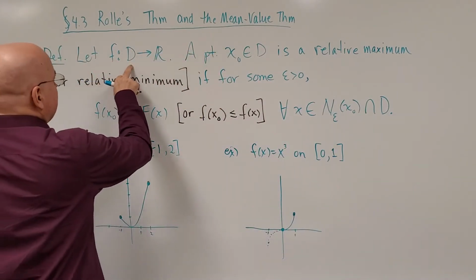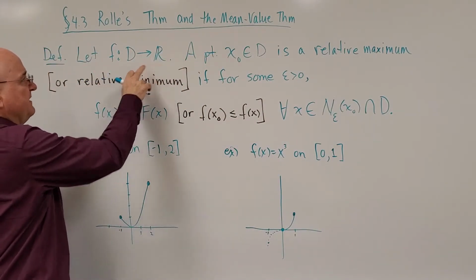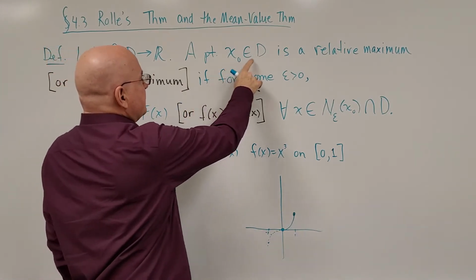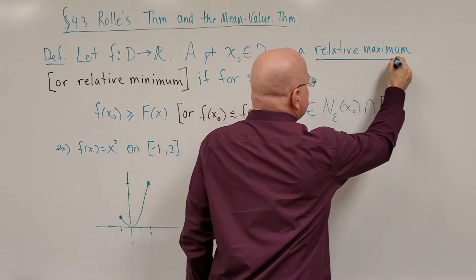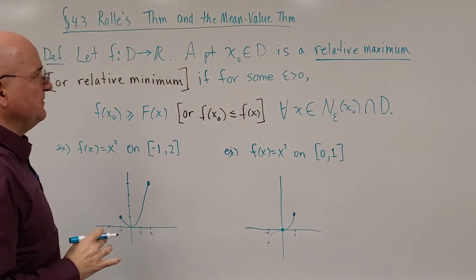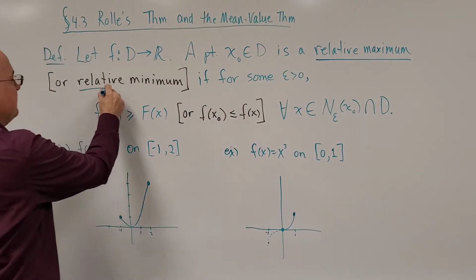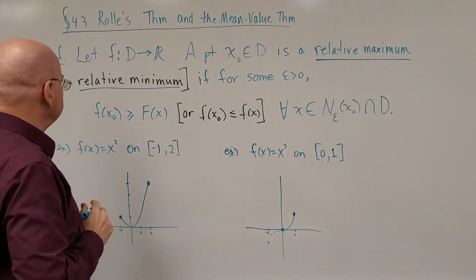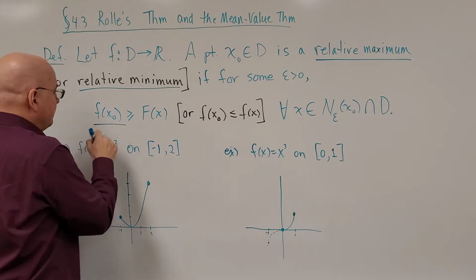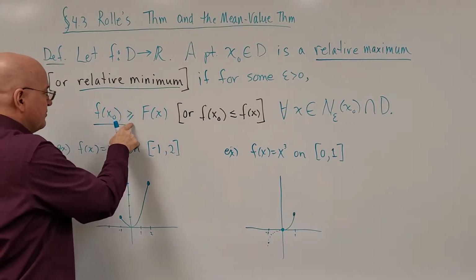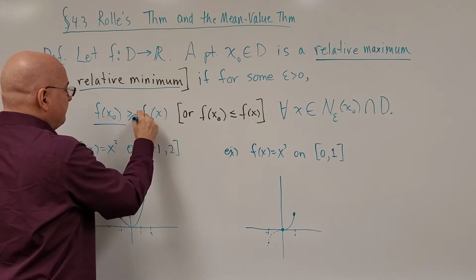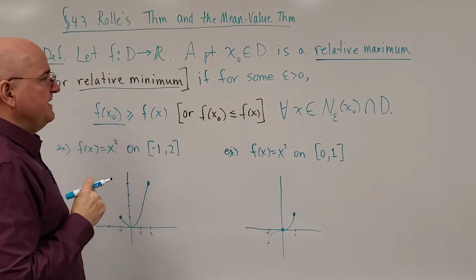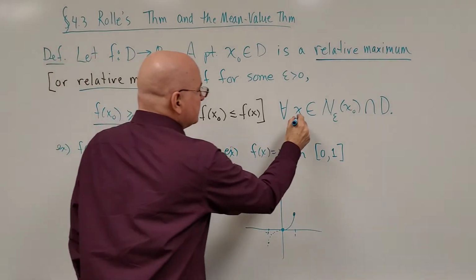So let's let f be defined on the domain capital D and into the reals. A point x naught in the domain is a relative maximum, this is a double definition, or a relative minimum, if for some epsilon greater than 0, the value of the function at x naught is greater than or equal to f of x for all x in the epsilon neighborhood around x naught.